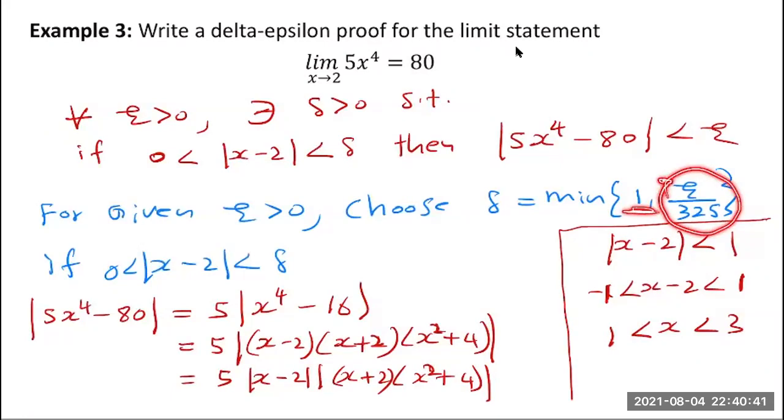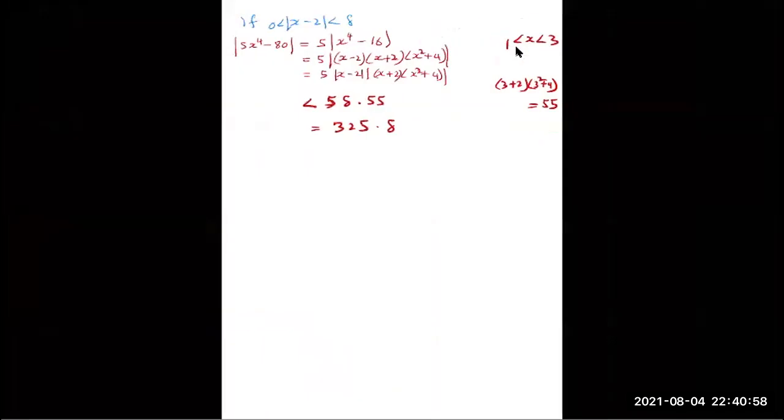But notice that my delta is the minimum of 1 and epsilon over 325. That is the reason for that choice. The reason that I took the minimum of 1 and epsilon over 325 is that I wanted to get an upper bound for this expression. That's why this 1 is sitting there. The reason that this epsilon over 325 is sitting there is that I want to make sure that my delta is less than epsilon over 325, so that I get epsilon when you simplify this expression.